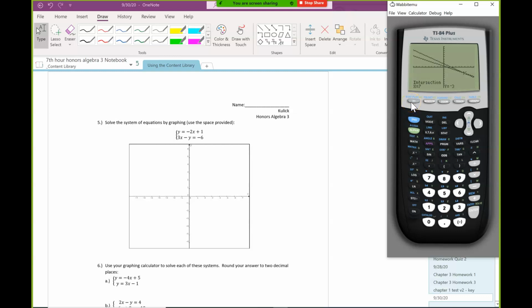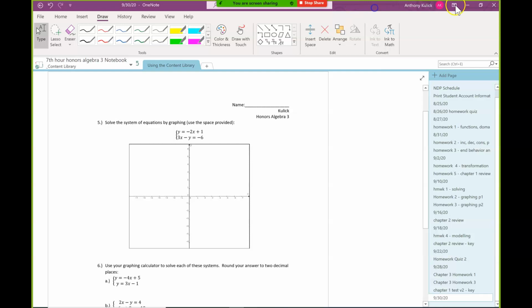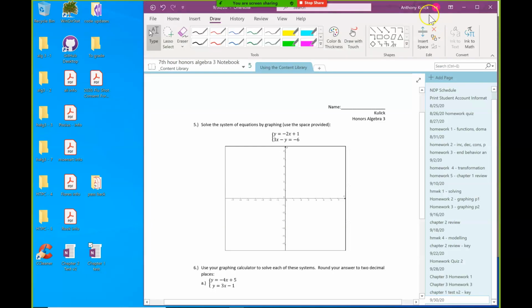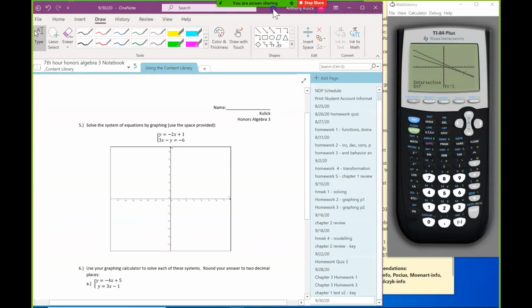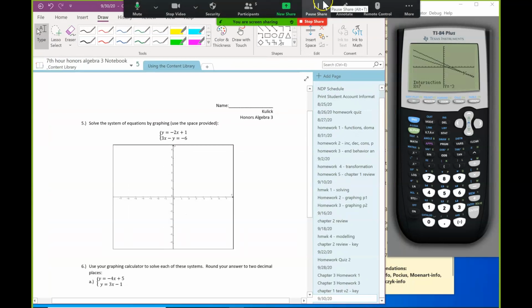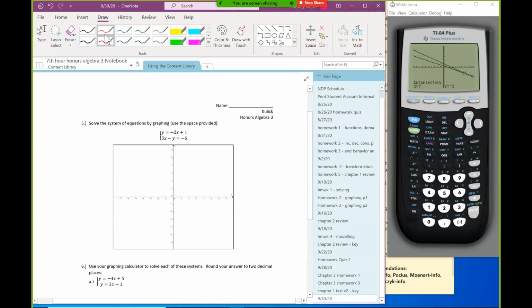So the first thing I'd want to do is take a look at the equations in my system and rearrange those so that they're in slope-intercept form. The first equation I don't have to do anything to because that's already in slope-intercept form. But the second equation I have to subtract the 3x from both sides and then divide by a -1.